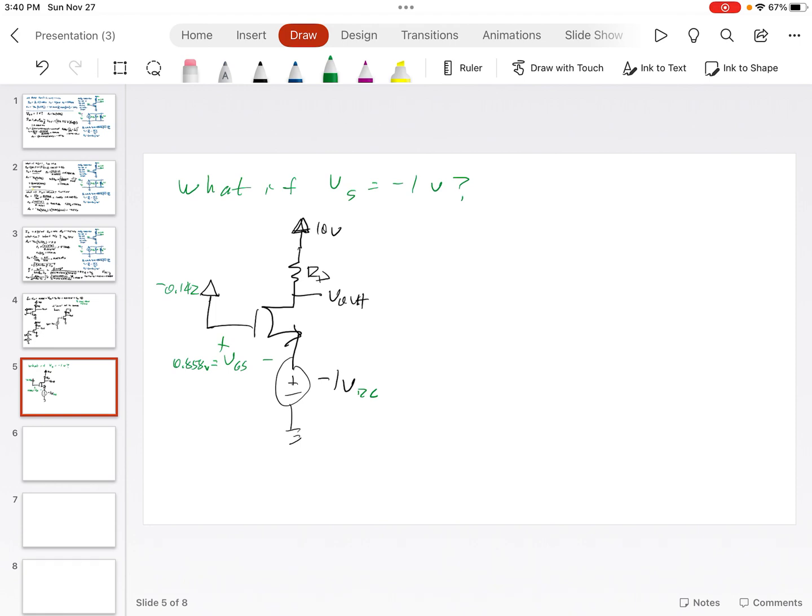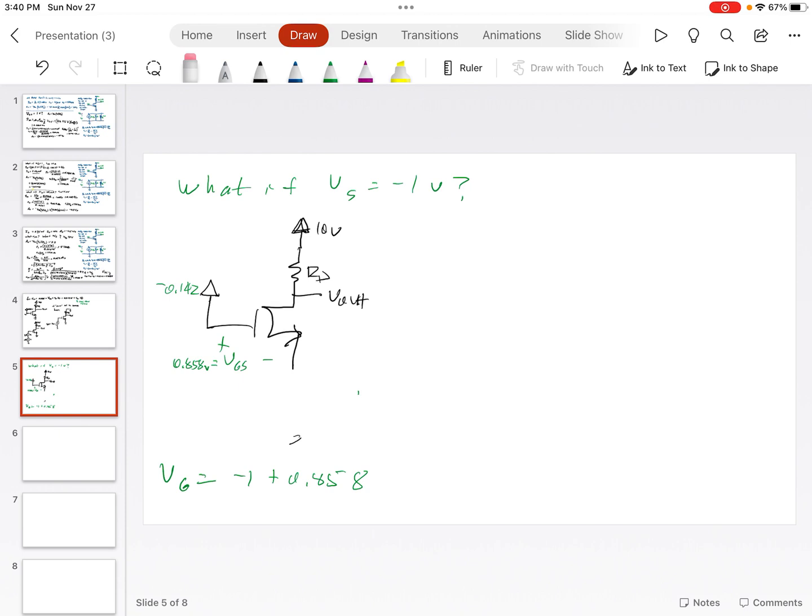Well, let's do it the other way. VG should be equal to minus 1 plus 0.858. So let me do it that way. Minus 1 plus 0.858 is minus 0.142. It may look weird, right? We've got minus 0.142 volts, and we've got minus 1 volt DC right here.